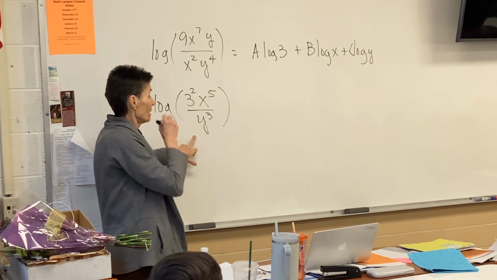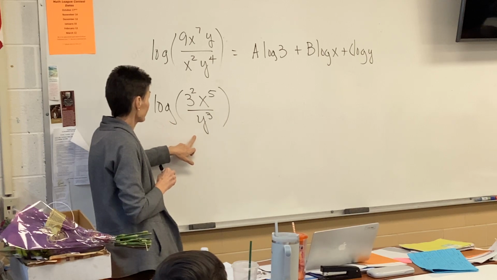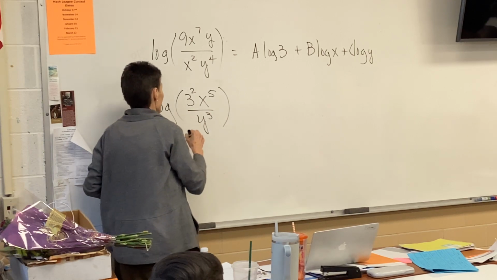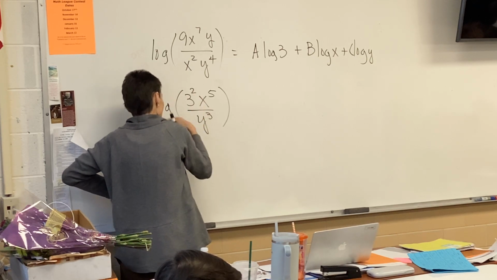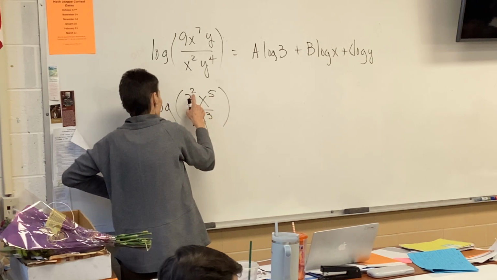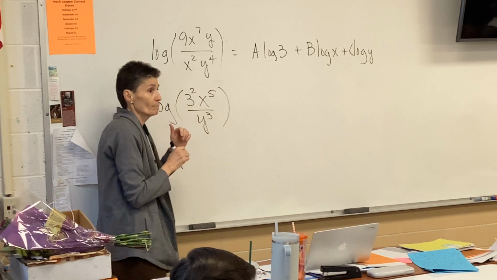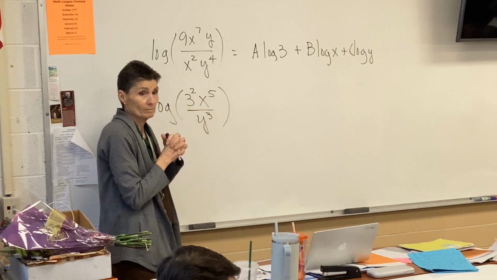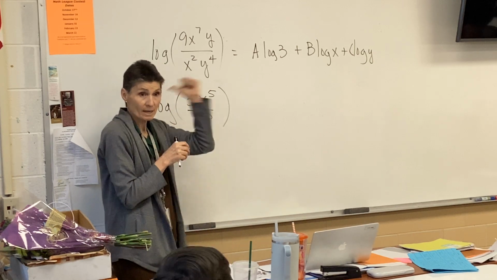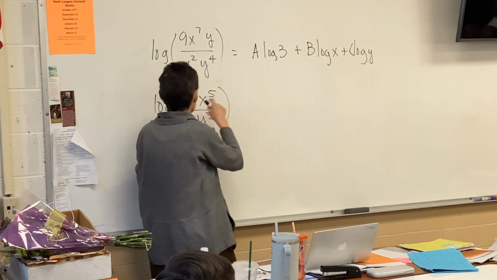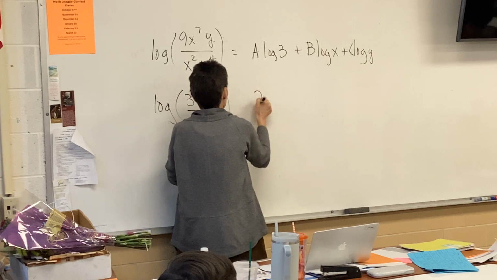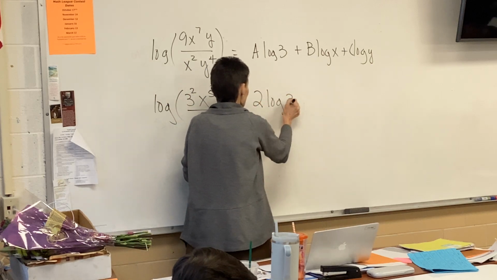Now, what happens when I start splitting this apart? What happens to the exponents? Where do they go? They become the A, B, and C, don't they? So this is gonna be 2 log 3s.